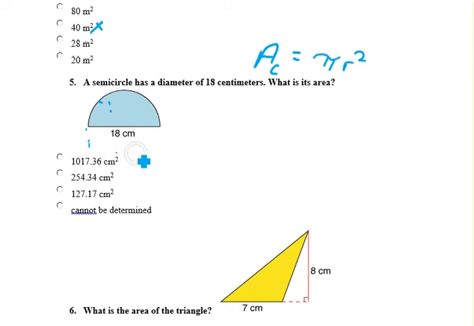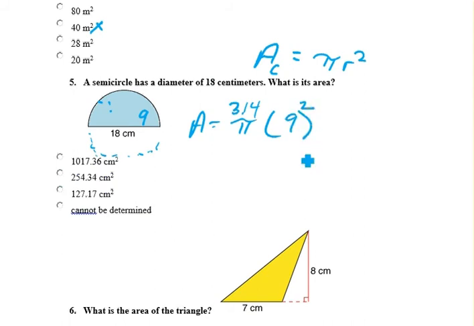There, that's the whole circle. The area will equal pi, and that's about 3.14, times r squared. If the diameter is 18, r will be 9. So r squared is 81.